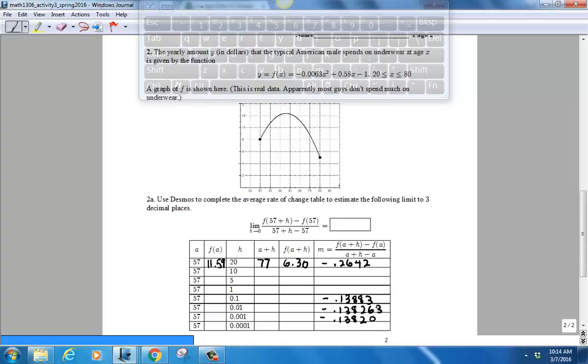The 5th decimal place changed a little bit, but that's just a tiny little difference.